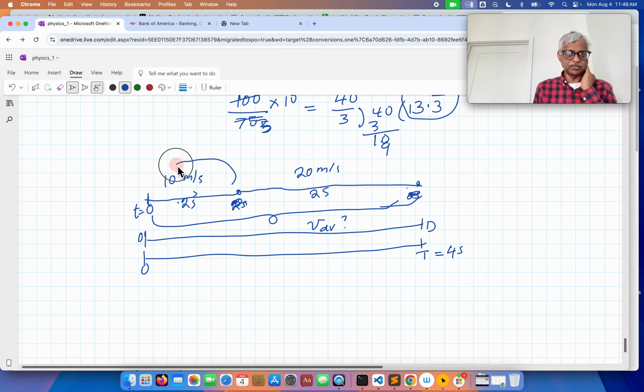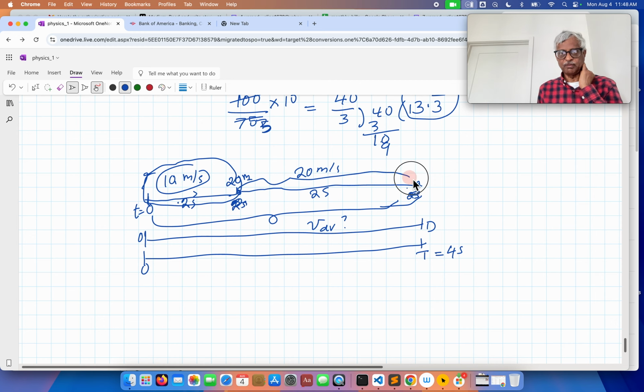Again, this is a constant segment. So this must be the 20 meter mark, right? 10 times 2, 20 meters. So this distance will be 20 times 2, which is 40 meters. So this is 20 meters and this is 40 meters. The total is 60 meters.